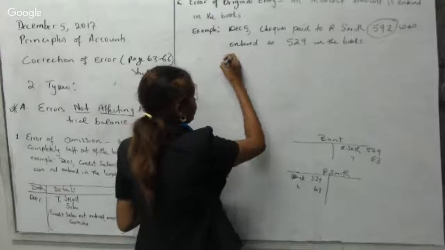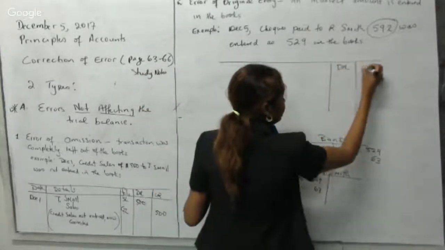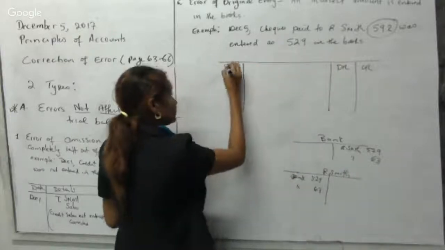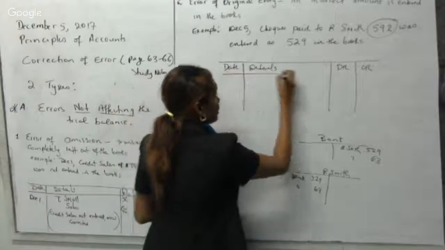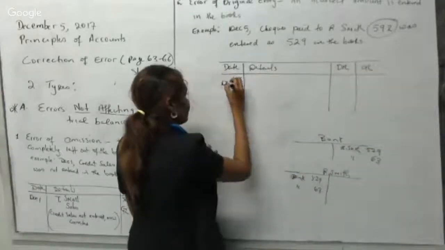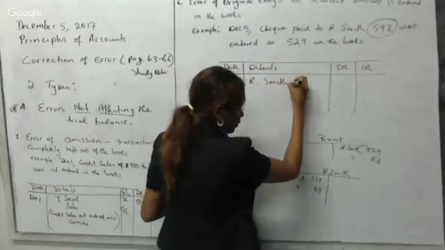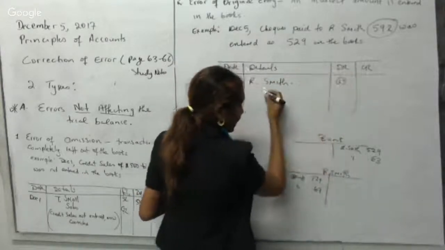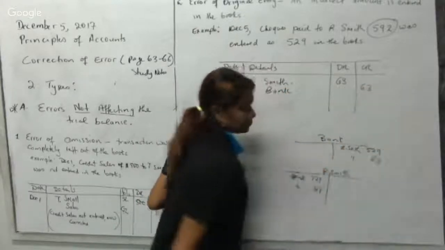So when you draw up your journal, debit, credit, the journal is going to show on December the 5th that you're debiting R. Smith with 63 and crediting your bank with 63.